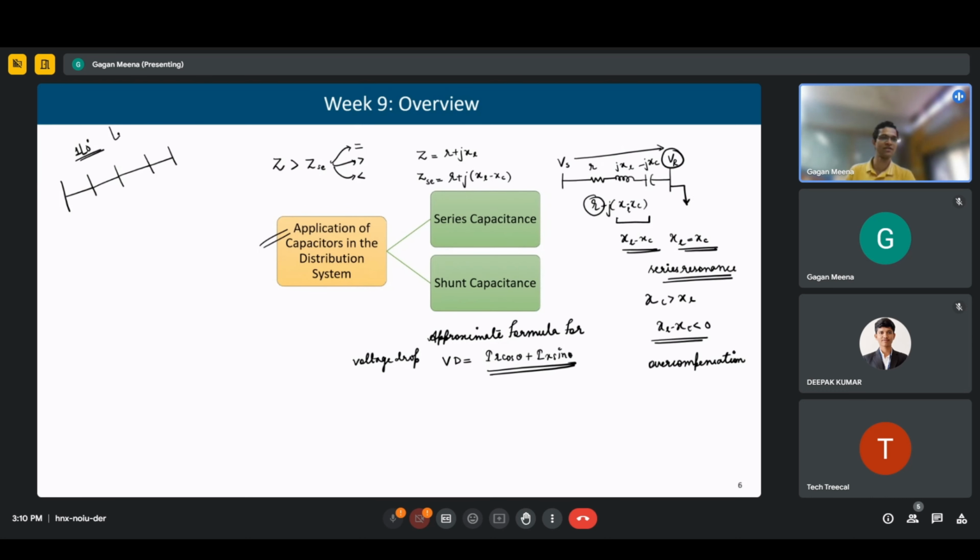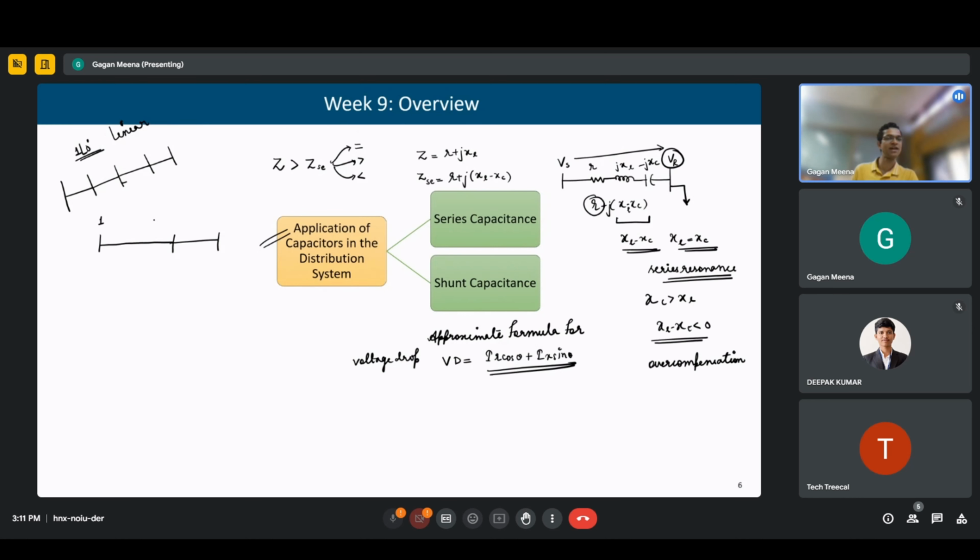This was linear, and the second one was non-linear. Because here we have both voltage magnitude and angle information for voltage, and the second one was we assume only the voltage magnitude, not the angle.